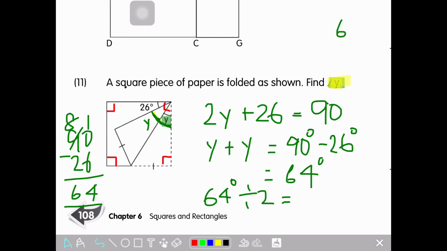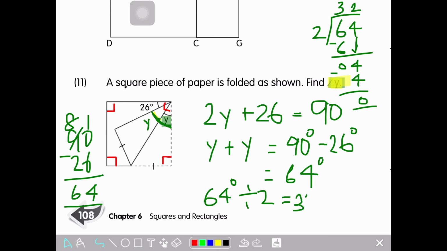So we do our long division, 64 degree divided by 2. So we find 32 degree. So one angle Y is 32 degree.